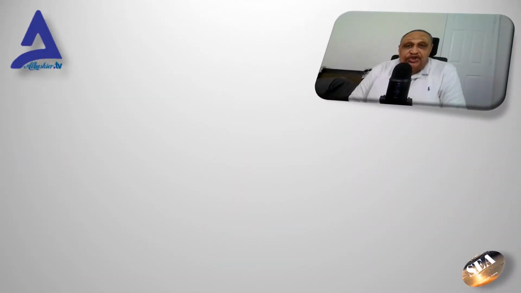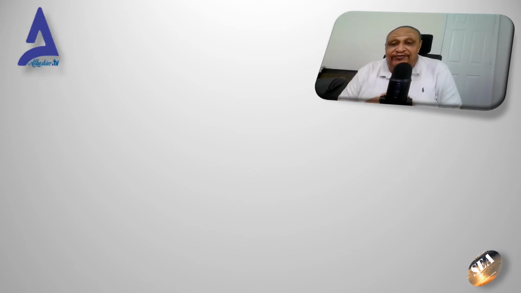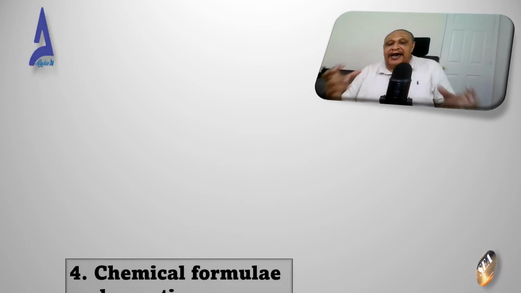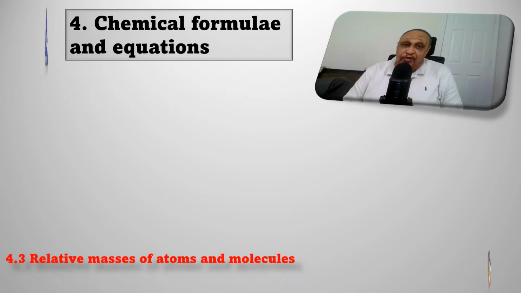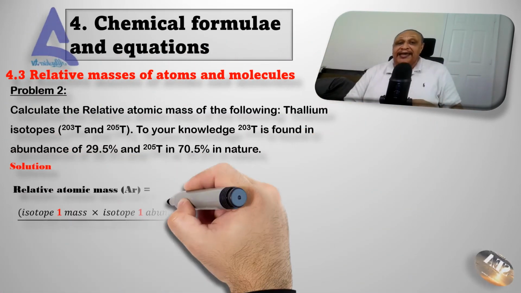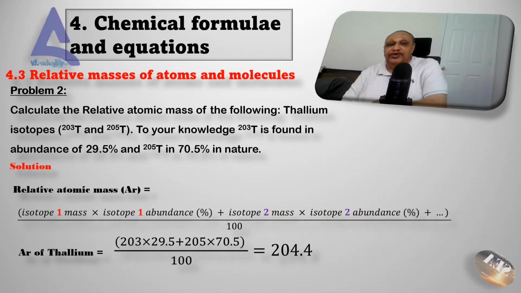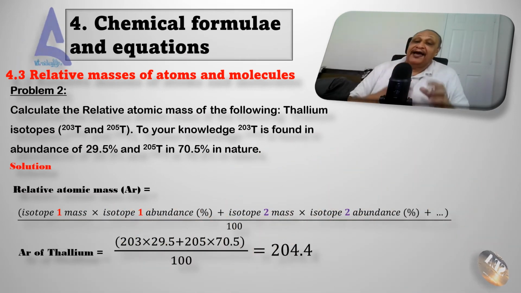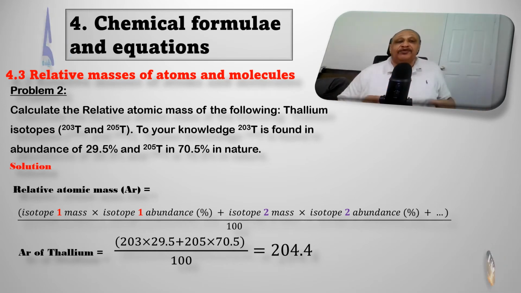Problem number 2 here is about thallium. We have 2 distinct isotopes of thallium. One of them is thallium 203 and the other one is thallium 205, and they have different contributions in the thallium community.